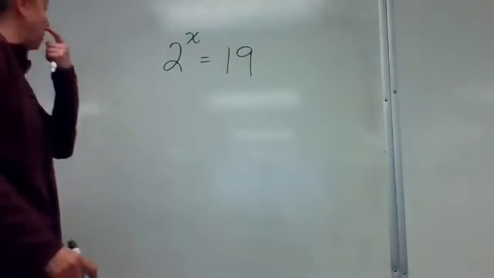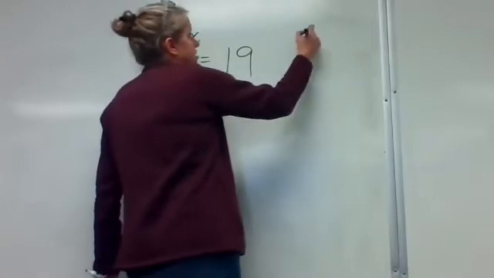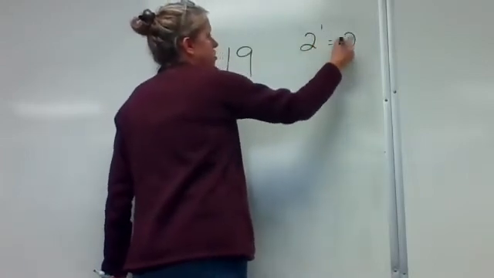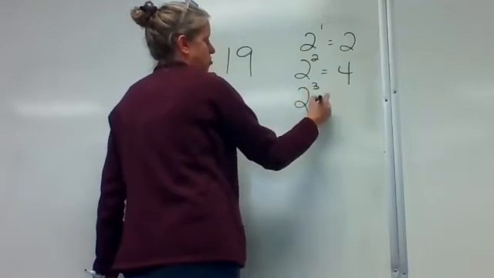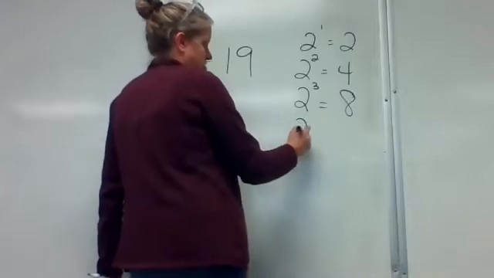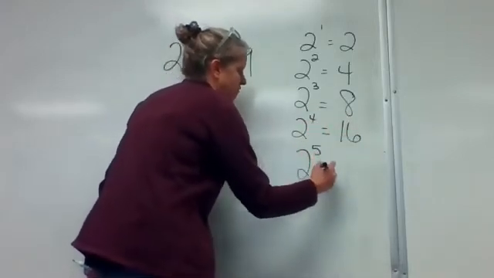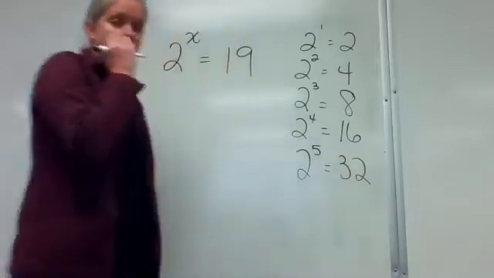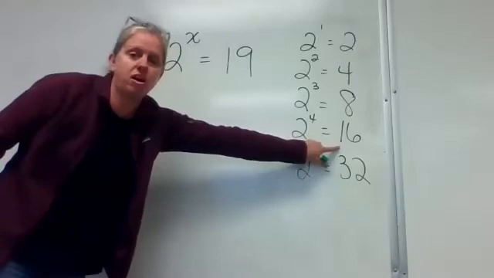You're not going to be able to rewrite 19 with the base of 2 simply. Because 2 to the first gives me 2. 2 squared is 4. 2 to the third power is 8. 2 to the fourth power is 16. But 2 to the fifth power is 32, which means I can't. 19 is going to be somewhere in between here.